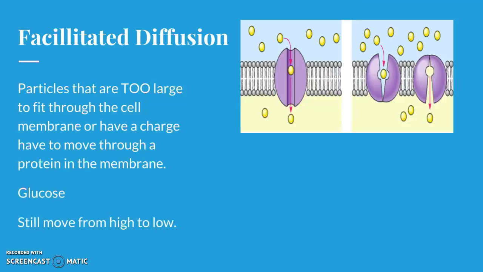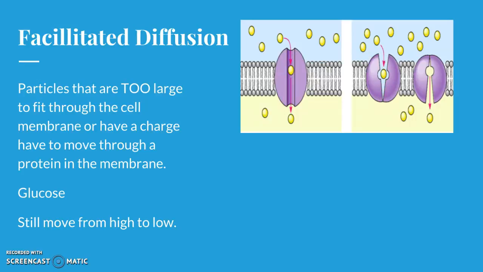Another type of passive transport that requires no energy is facilitated diffusion. Facilitated diffusion is just like diffusion, except the particles are too large to actually fit through that cell membrane. So they can't fit through that phospholipid bilayer. So instead, we go from high to low, but we do so through some type of protein that's helping us out.